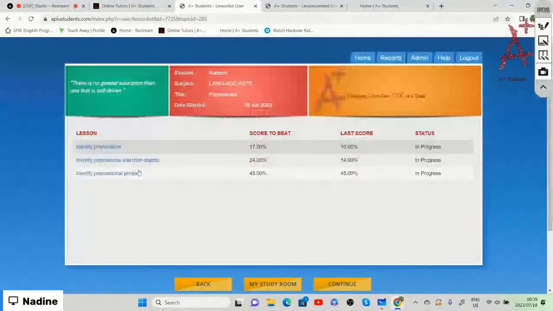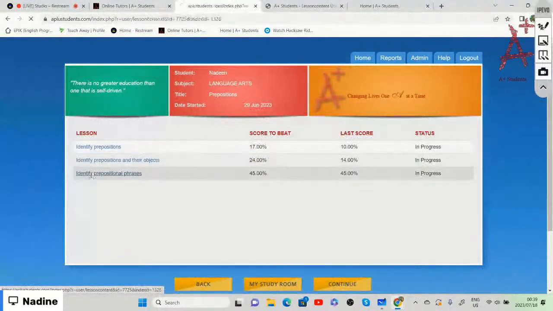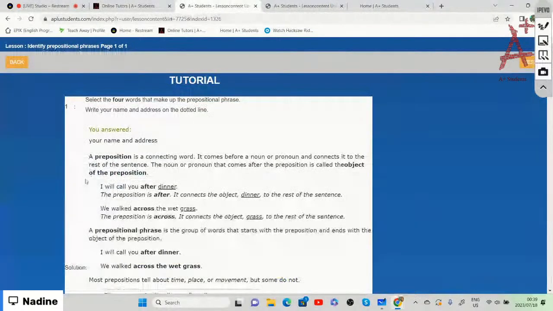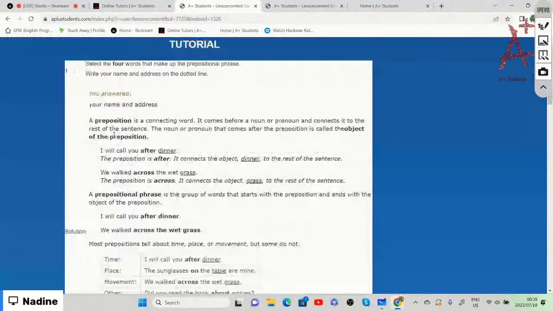All right, so we're going to do the last lesson, which is to identify prepositional phrases. We said that a preposition is a connecting word, right? It comes before a noun or pronoun and connects it to the rest of the sentence.